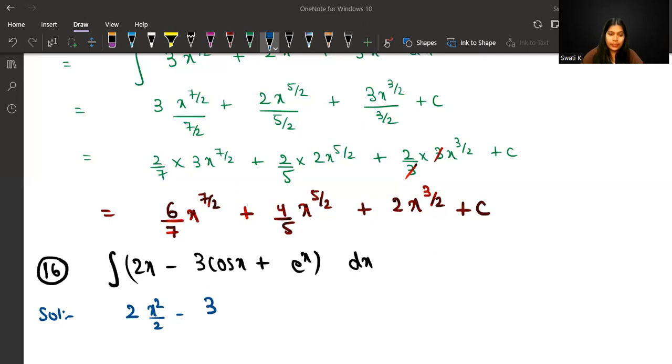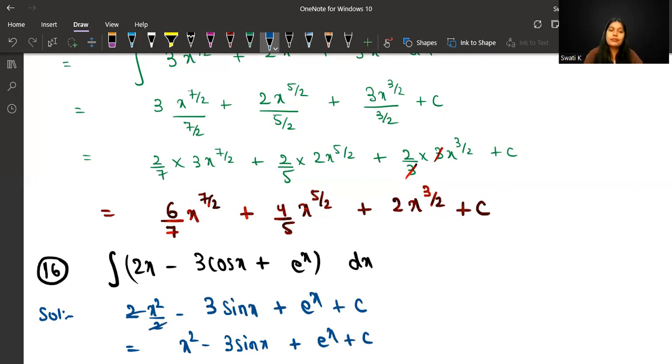Yes. So integration of cos x is sin x plus e raised to x integration is just e raised to x. Here 2 will get cancelled. So the answer is x square minus 3 sin x plus e raised to x. Okay, I forgot the constant of integration, plus c. So this is our answer: x square minus 3 sin x plus e raised to x plus c.